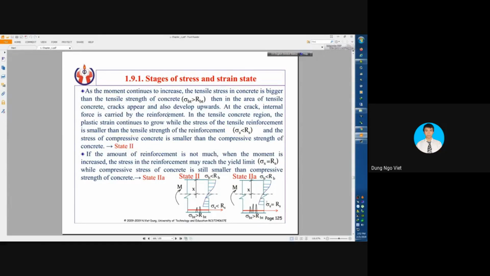That means the stress of reinforcement, sigma s, is equal to Rs, the reinforcement strength, while the compressive stress of concrete is still smaller than the compressive strength of concrete. So we call this stage 2A.